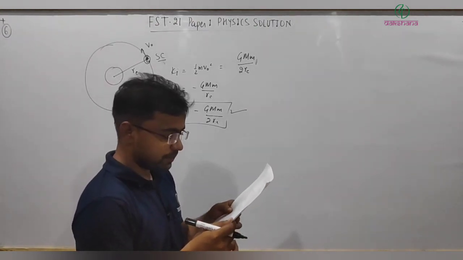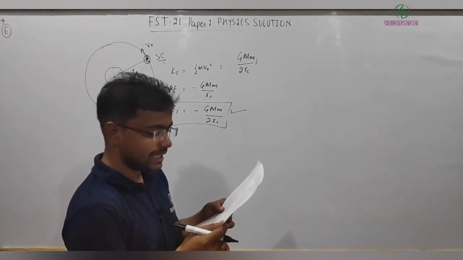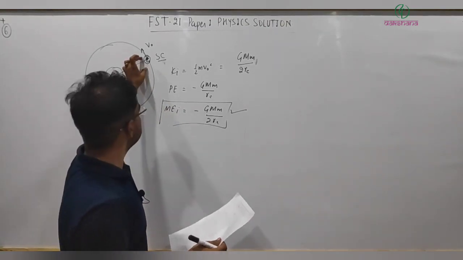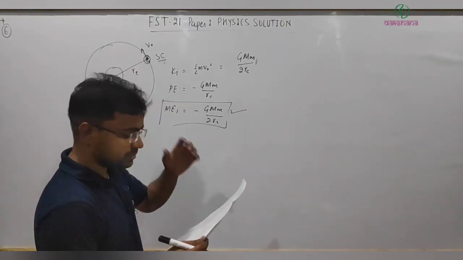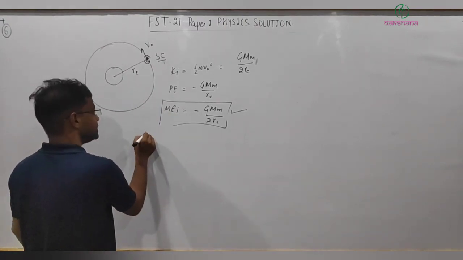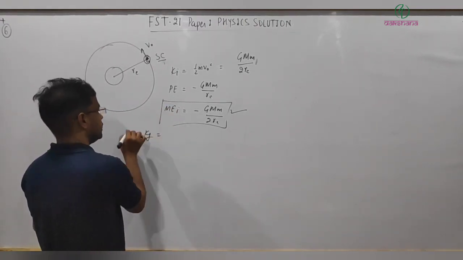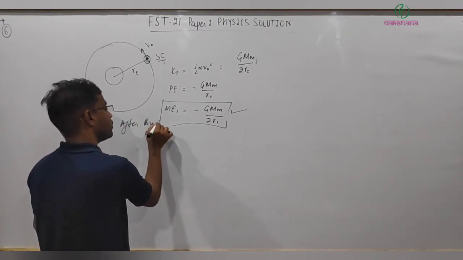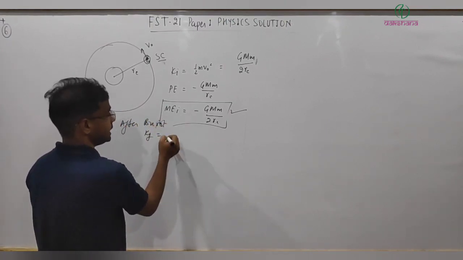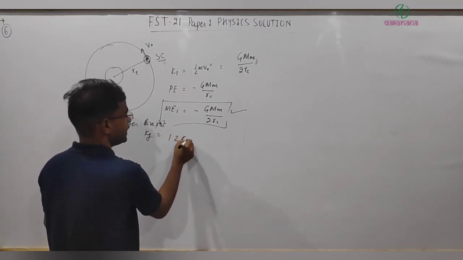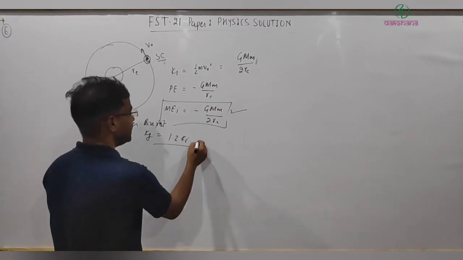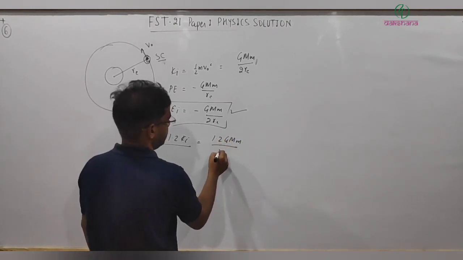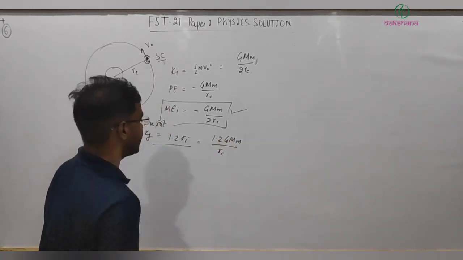Now it's given that the kinetic energy increases by 20% because of the burst from the rocket. It means the kinetic energy after the burst will be 1.2 times the initial kinetic energy. So we can write 1.2 into GMm divided by 2rc.